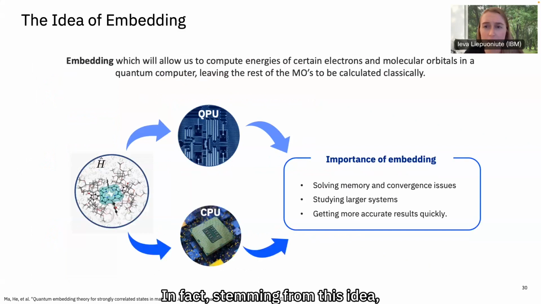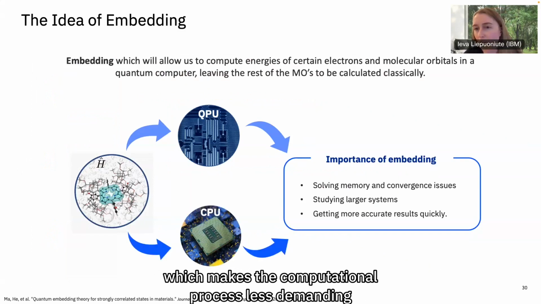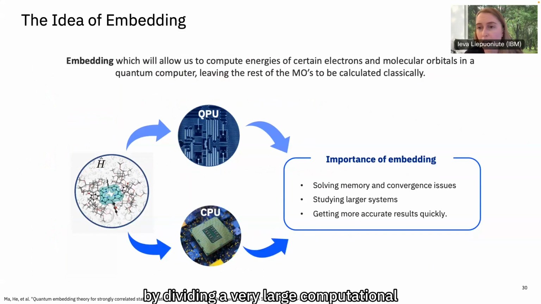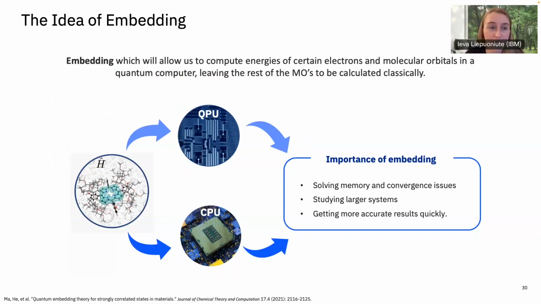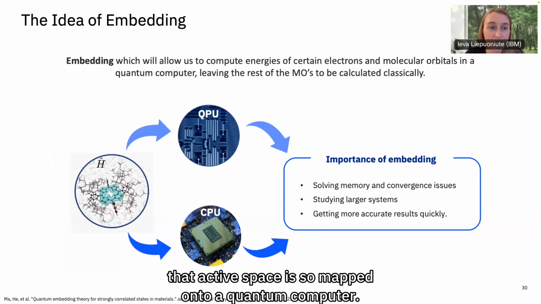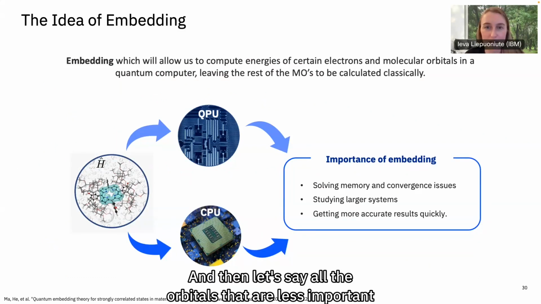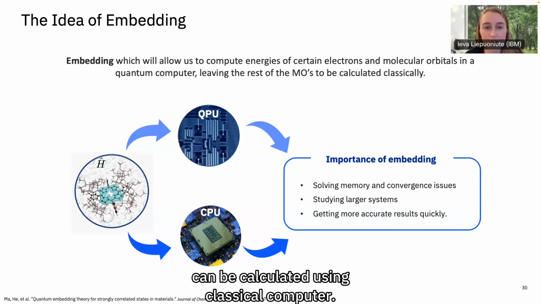In fact, stemming from this idea, there is a different branch of research called quantum embedding, which makes the computational process less demanding by dividing a very large computational and molecular space into smaller, more manageable subsystems, as shown here. The active space is mapped onto a quantum computer, and all the orbitals that are less important can be calculated using a classical computer.